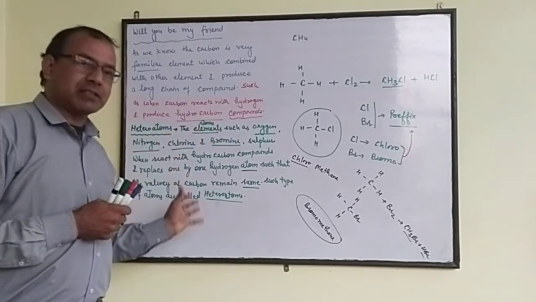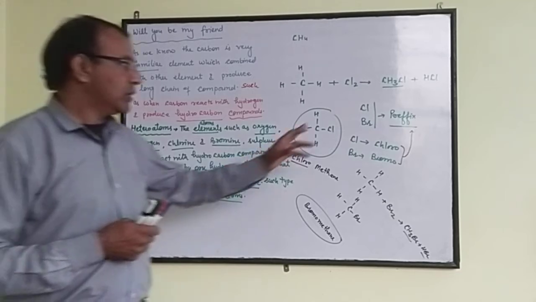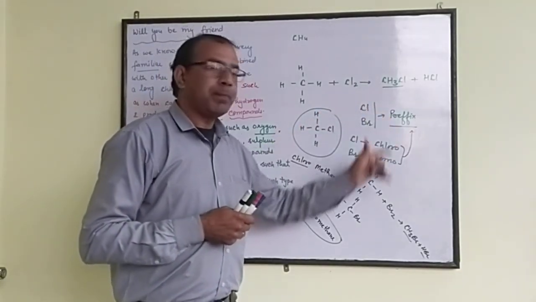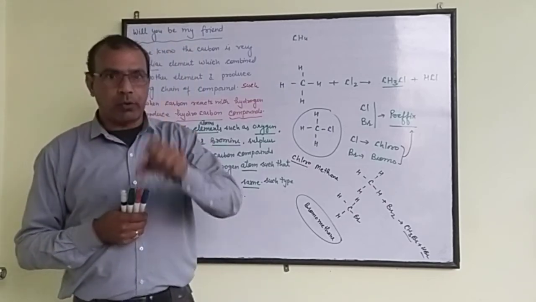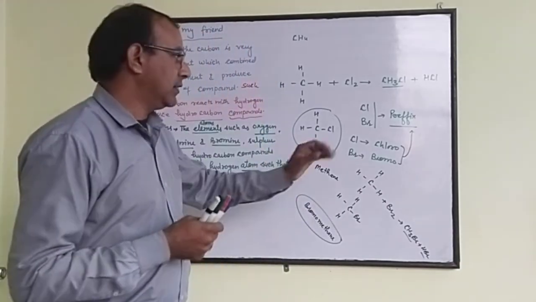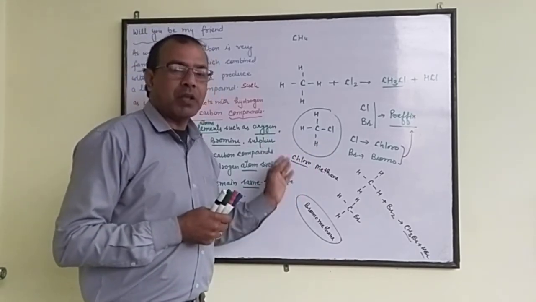Of these, chlorine and bromine are also halogens as well as prefixes. It means the pronunciation of chlorine, chloro, and bromine, bromo, will come before the hydrocarbon compound. In the next part we will discuss functional groups.